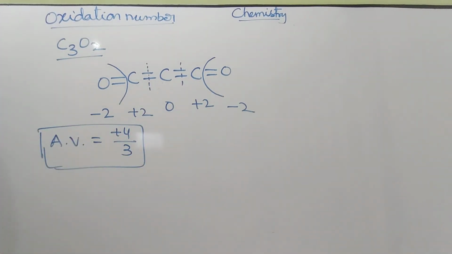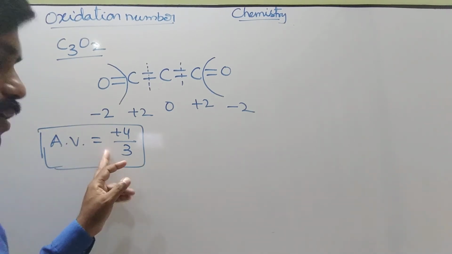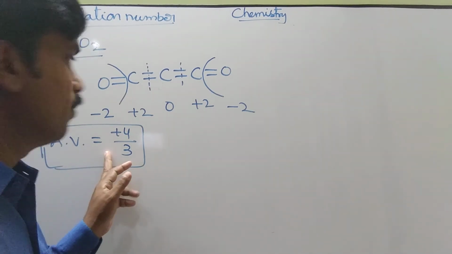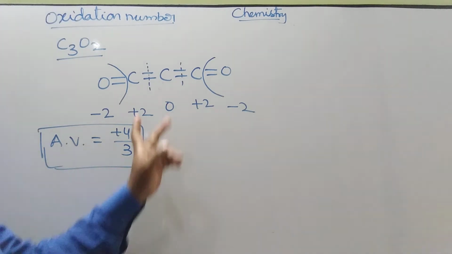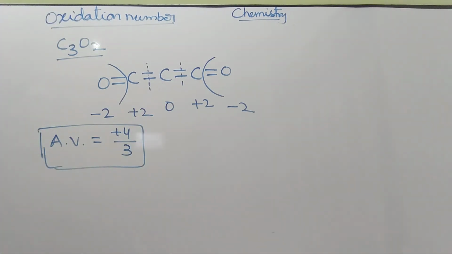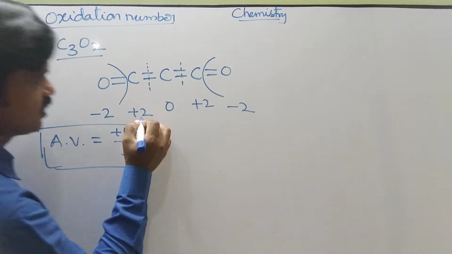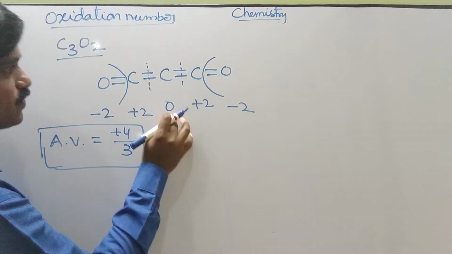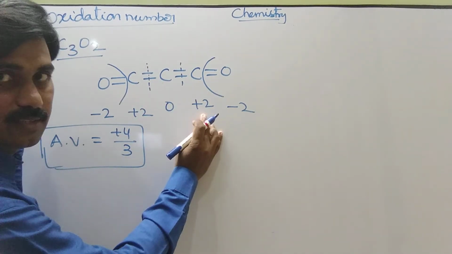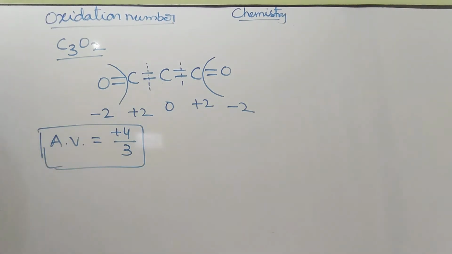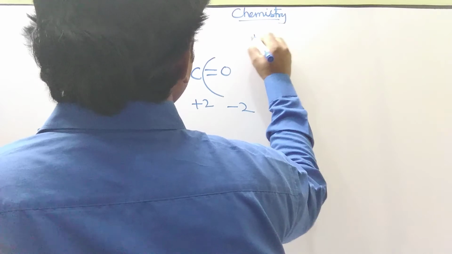So the average oxidation state of carbon in the C3O2 compound is +4 by 3. But according to its structure, this carbon oxidation state is +2, the middle carbon oxidation state is 0, and the right side carbon oxidation state is also +2.